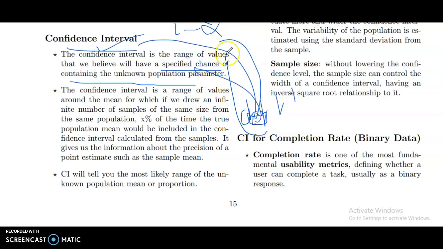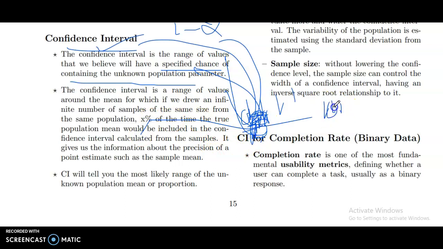The confidence interval is a range of values around the mean for which, if we drew an infinite number of samples of the same size from the population, X percent of the time the true population mean would be included in the confidence interval calculated from the samples.